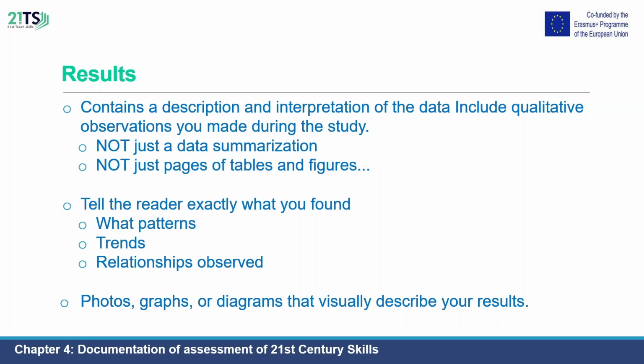Tell the reader exactly what you found, what patterns, the trends of your findings, the relationships observed, or it could be a photograph or diagram that visually describes your results. That way, the reader can grab the key information of your results.